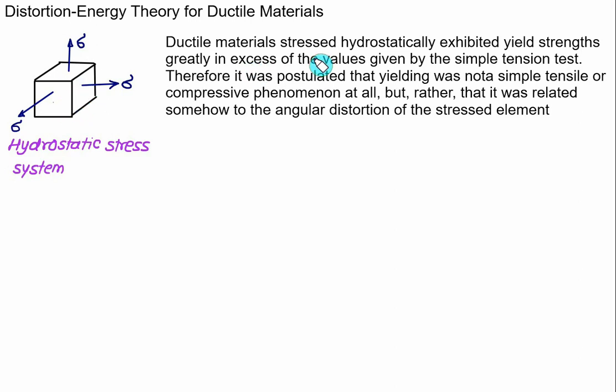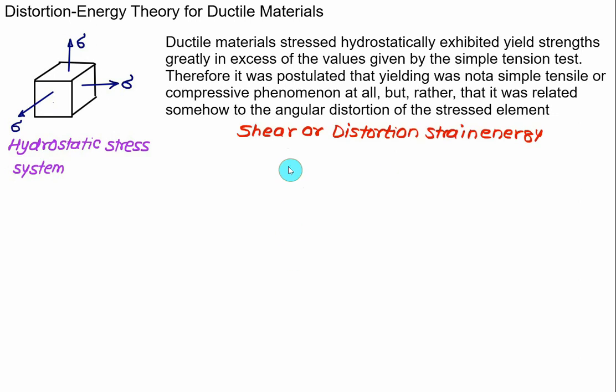Ductile materials stressed hydrostatically exhibit a yield strength in excess of the value given by the simple tension test. Therefore, it was postulated that yielding was not a simple tensile or compressive phenomenon at all, but rather that it was somehow related to the angular distortion of the stress element.